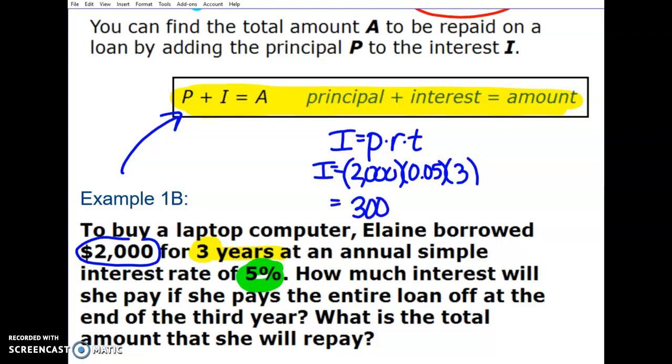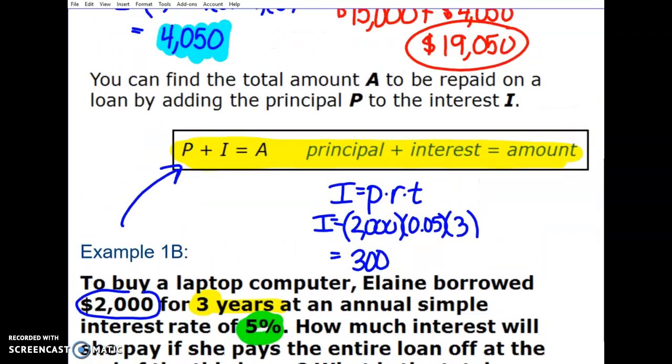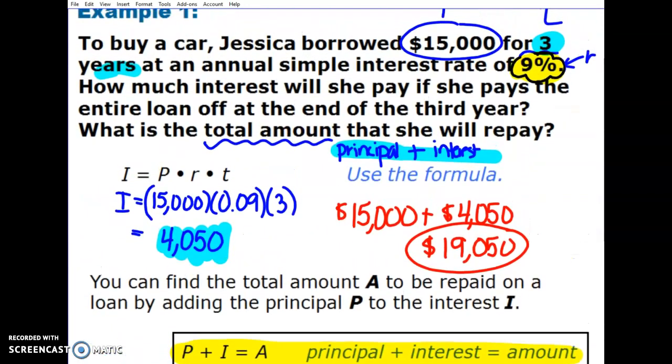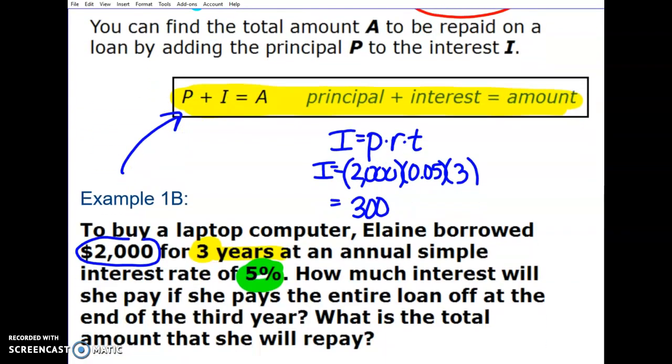Now you'll notice once again, compared to our last problem right here, the interest rate was higher. It was almost twice as much. It was 9%, as opposed to right here, our interest is 5%. So you want to look for a good interest rate when you are borrowing money. Okay, so our interest is $300.